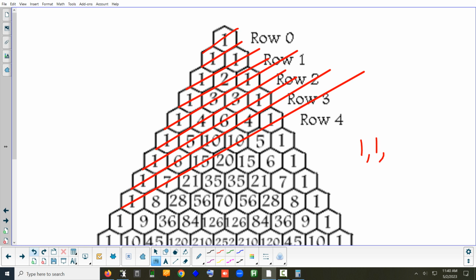Look at the third one. It goes through a 1 and a 1, which is a 2. And then this one goes through a 1 and a 2, that's 3. We'll do one more. A 1, a 3, and a 1. That's 5. So, the Fibonacci sequence. So if you look at those diagonals in Pascal's triangle, you get the Fibonacci sequence.